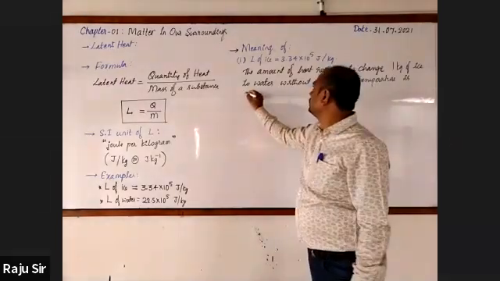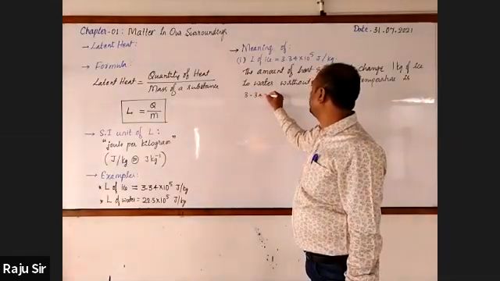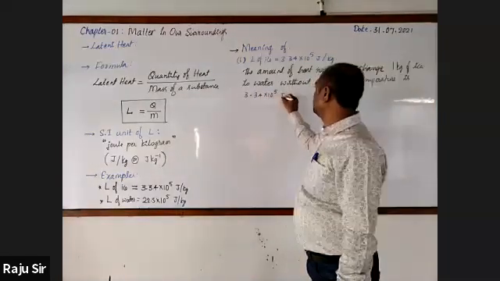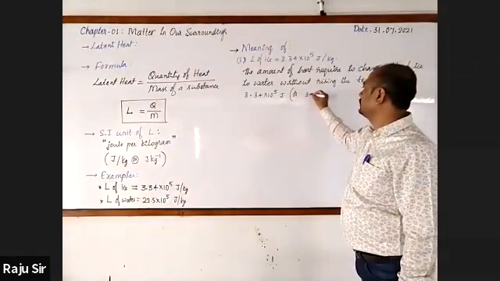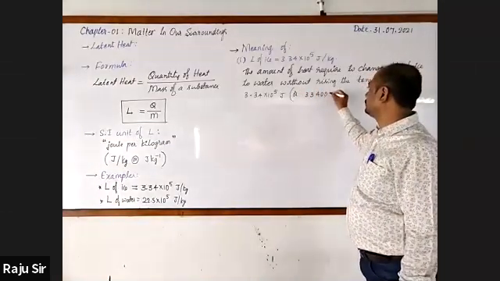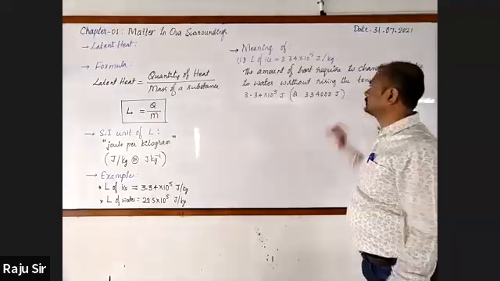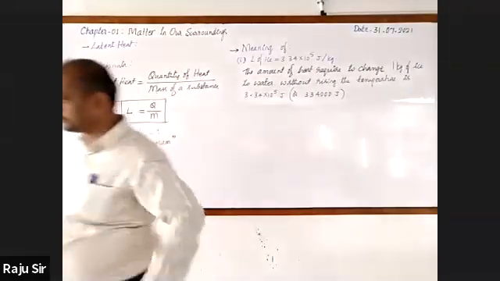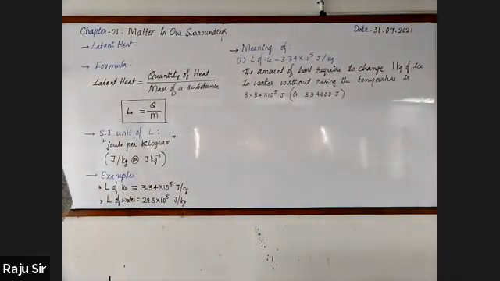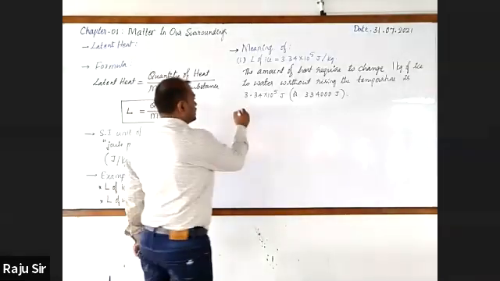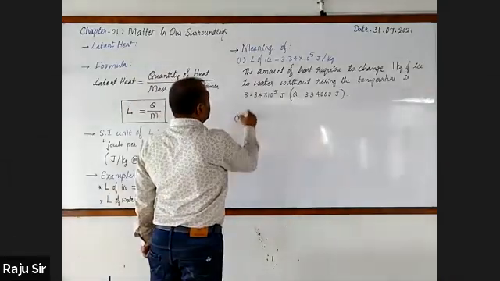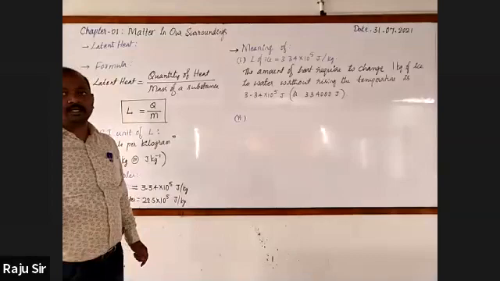It is 3.34 into 10 raised to the power 5 joules, which you can also write as 3,34,000 joules. Both are very important, meaning can be asked in the examination.